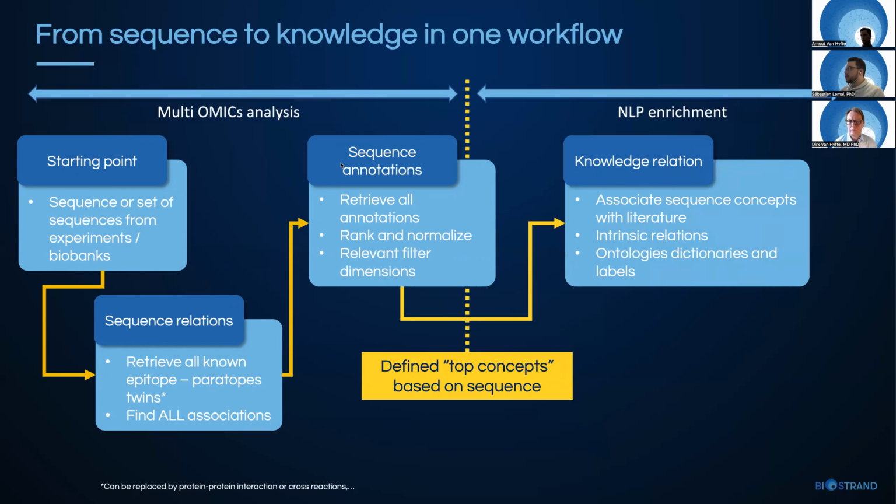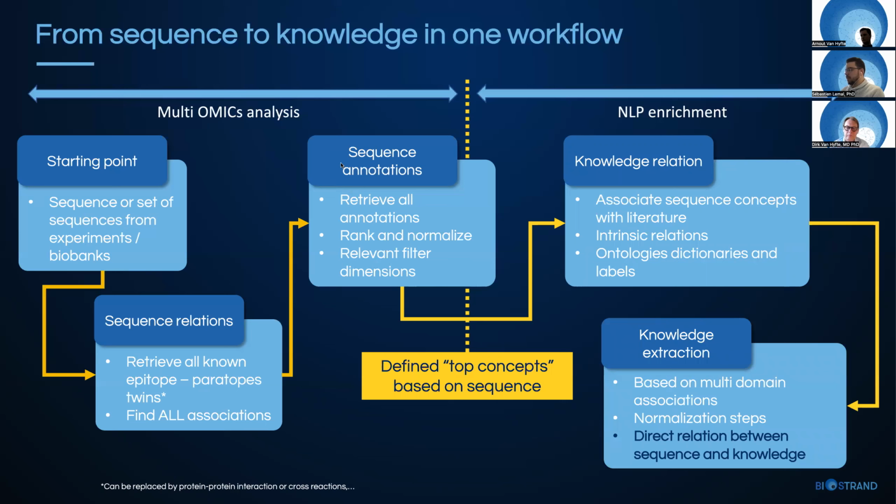So we can associate sequence concepts with literature concepts, find intrinsic relationships between these concepts, and on top of that put some ontologies, dictionaries, labels. From all of this, you can extract knowledge that you could not extract in a straightforward manner just by reading the text or processing the text manually, which is much harder.